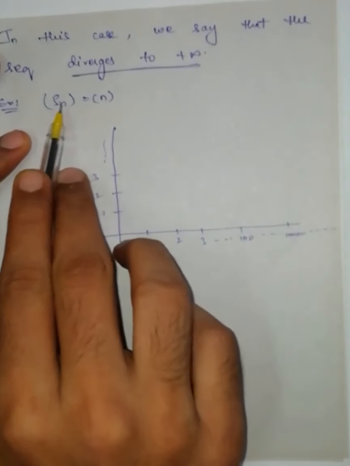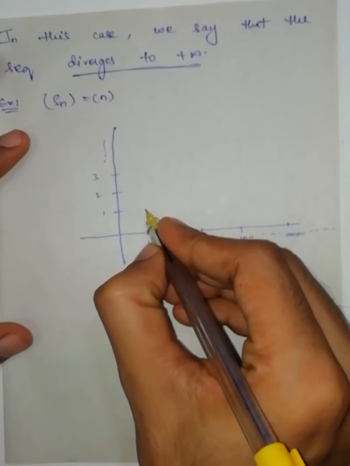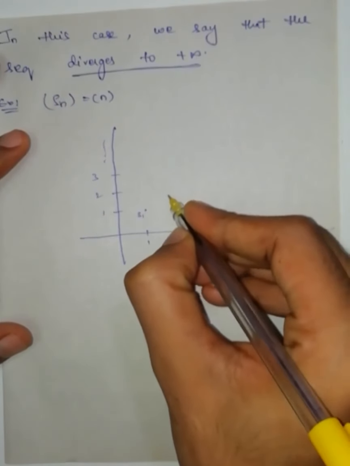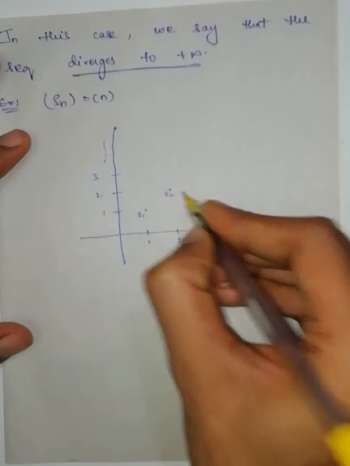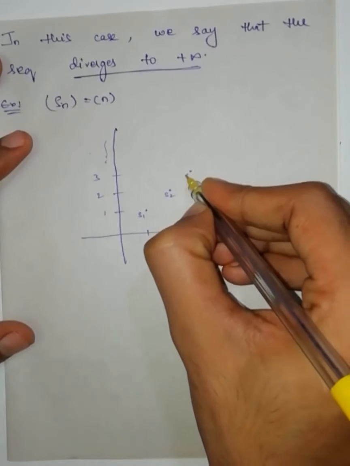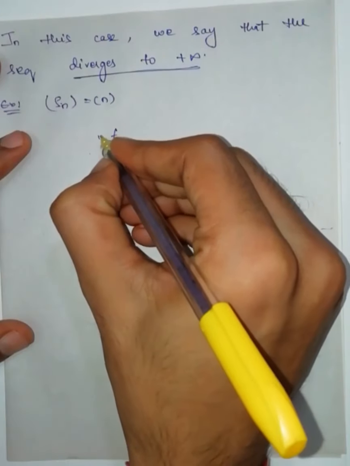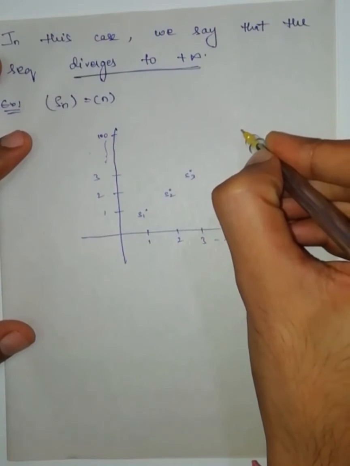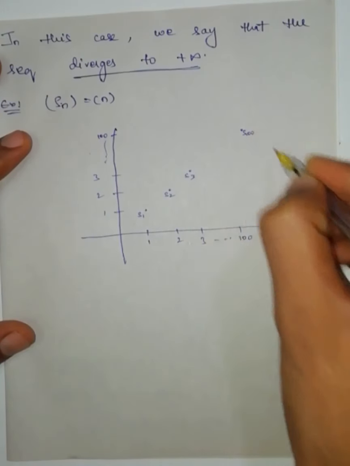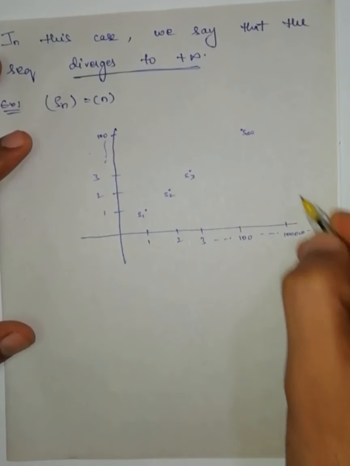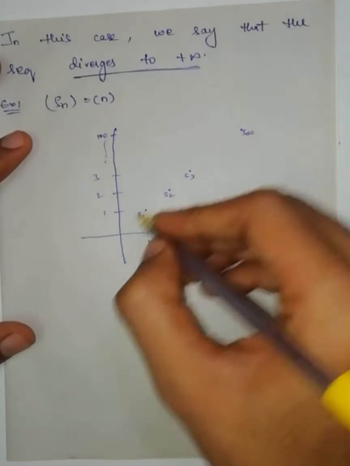Now the first term S1 is 1. This is S1. Second term is 2. Third term is 3. The 100th term will be 100. The 1 lakh term will be 1 lakh, and so on.